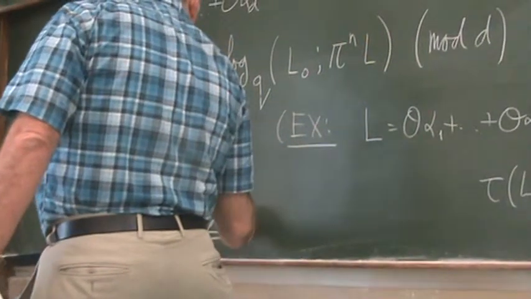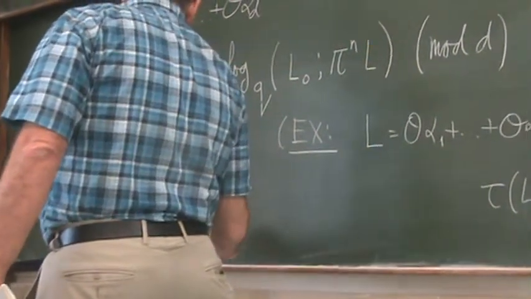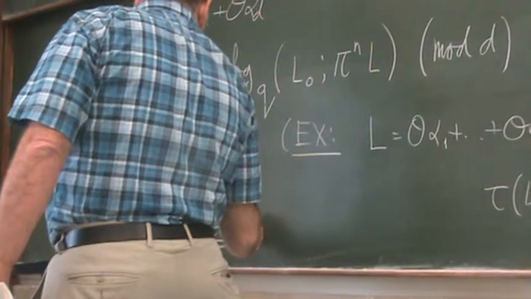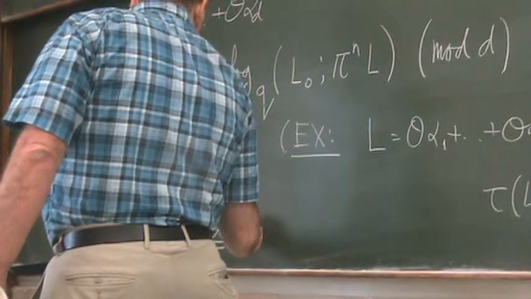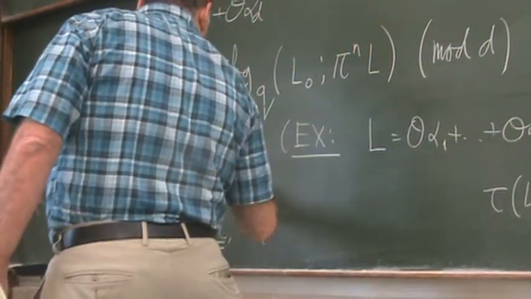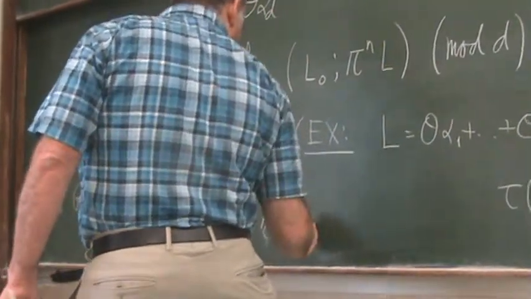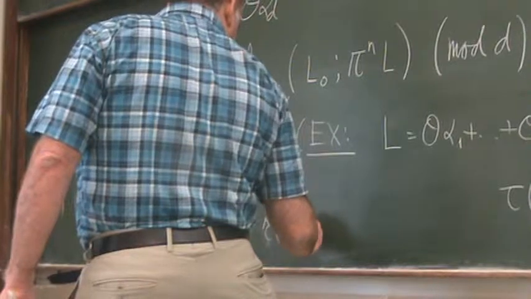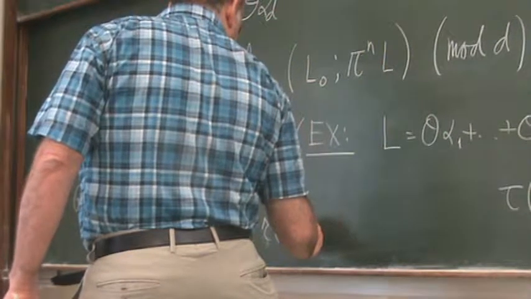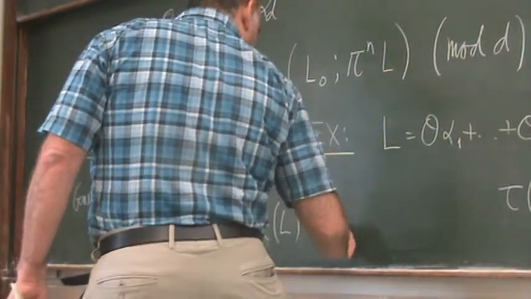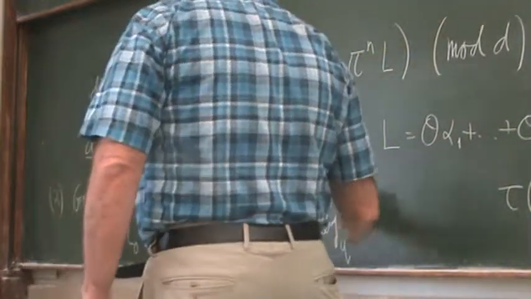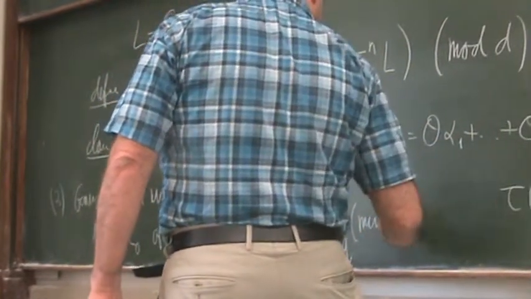Minimal index, maybe we'll give it a name, R of L. So it's R of L, is the log to the basis Q of this minimal index.